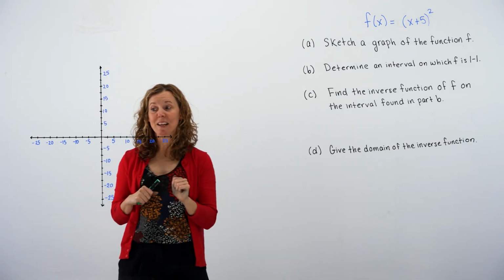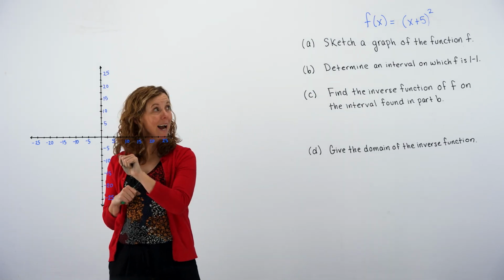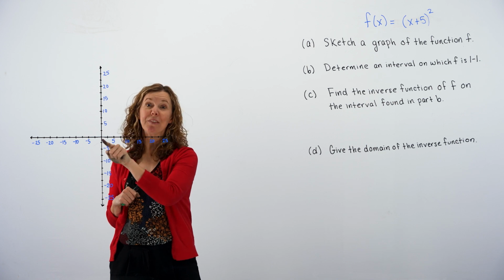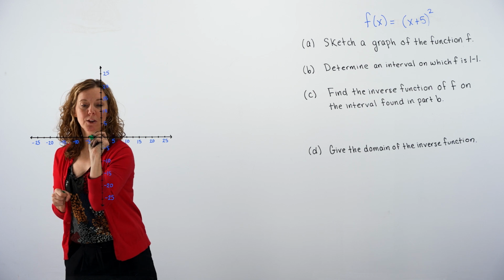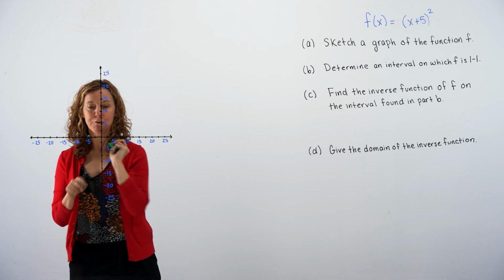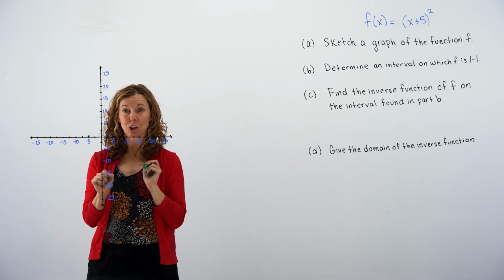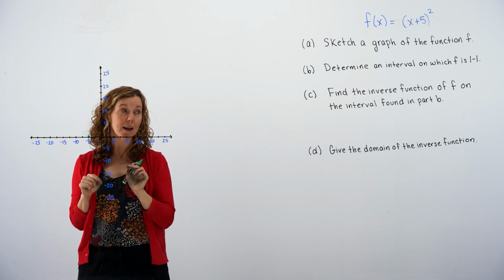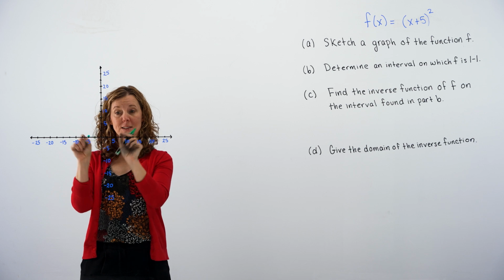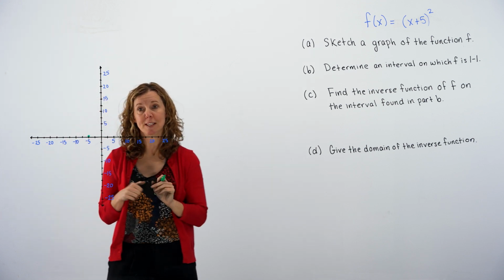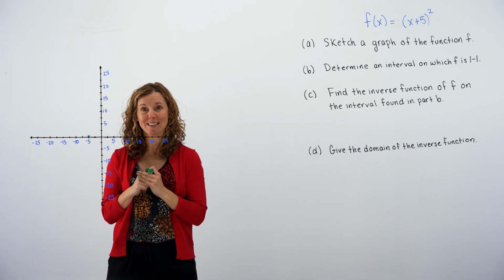So I'm expecting that rather than finding the vertex of the parabola at the origin, it's going to move over and be located at x equals negative 5. So this is where I'm picturing the vertex of a parabola that we know is going to still open upwards because it's going to take our basic parabola and simply shift it to the left 5 units.